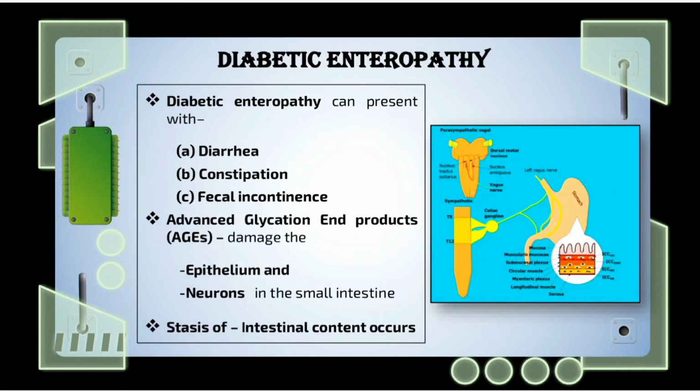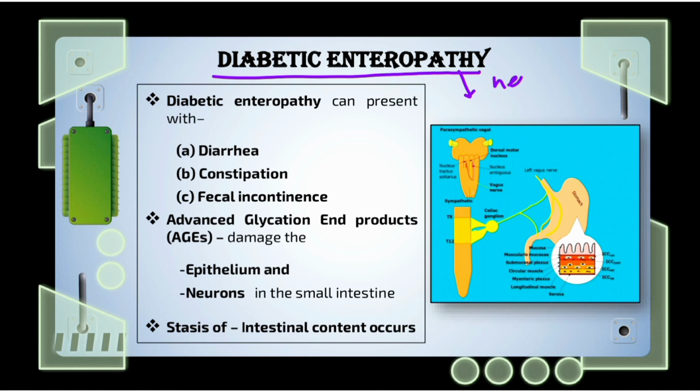Another disorder of the GI system in a patient with diabetes is diabetic enteropathy. Diabetic enteropathy is a type of nerve damage which usually affects the GI system or digestive system in any patient with diabetes.